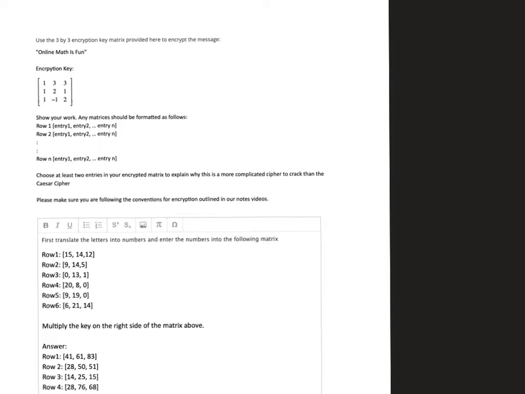Our convention is that we're going to multiply this encryption key on the right, which means if this is a 3x3, when I encrypt, I don't know how big this is going to be when I start, but I know it's got to be something by 3 because I'm going to multiply this by a 3x3. And those 2 middle dimensions, when I write it out in the order of multiplication, those 2 have to match. And so once I know that it's got to have 3 columns, I know each row has 3 entries in it, and then I just go down as many rows as I need.